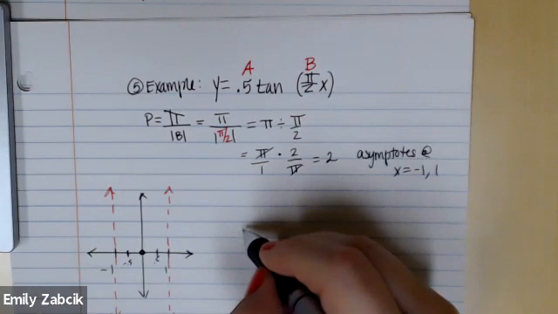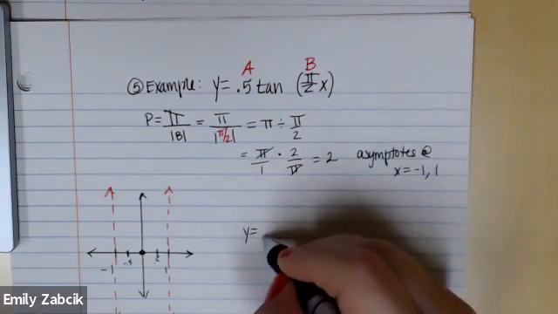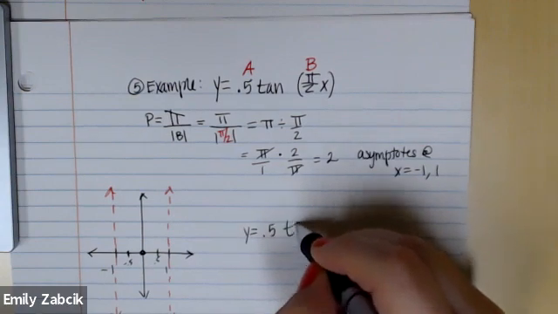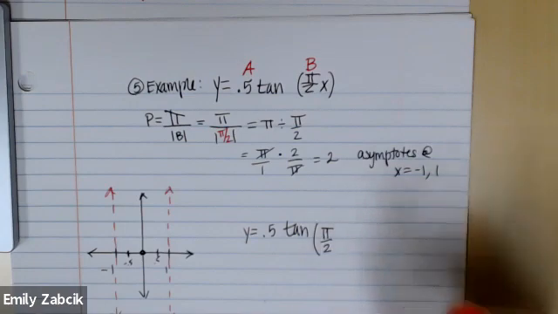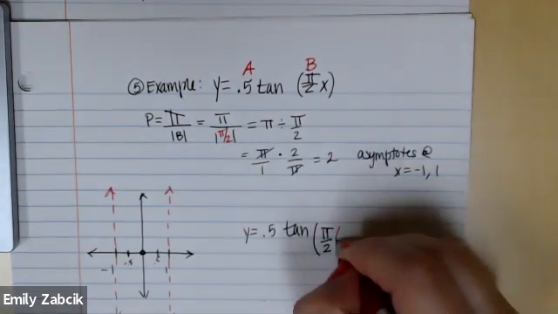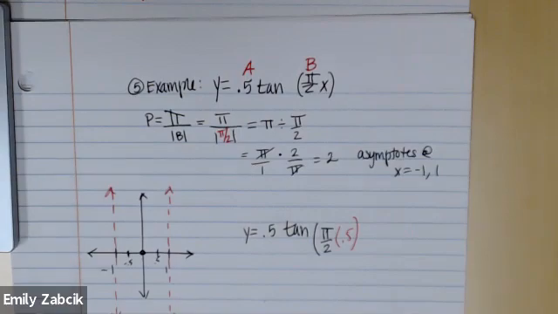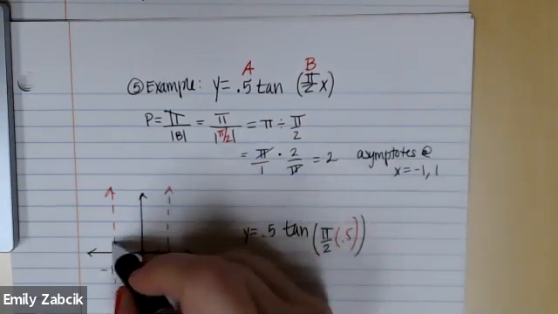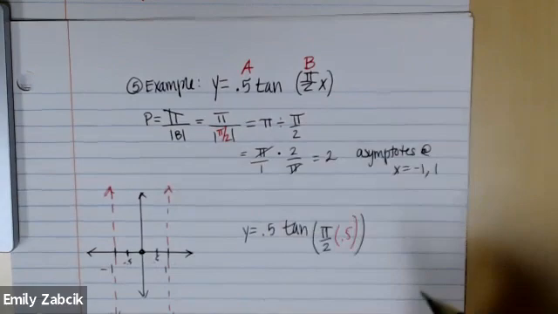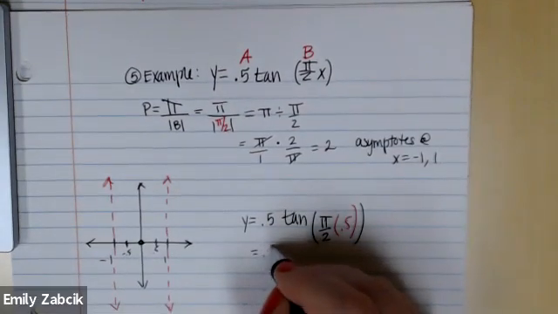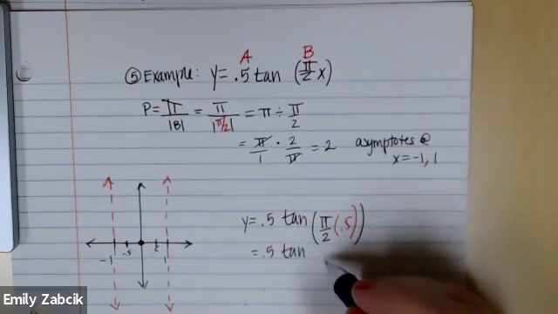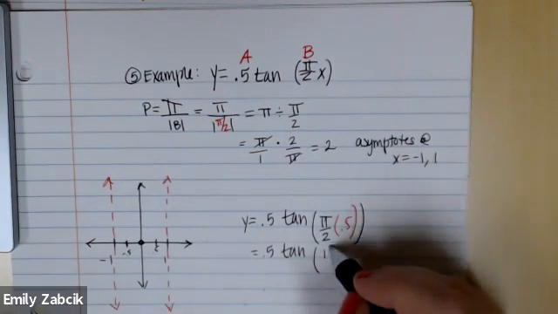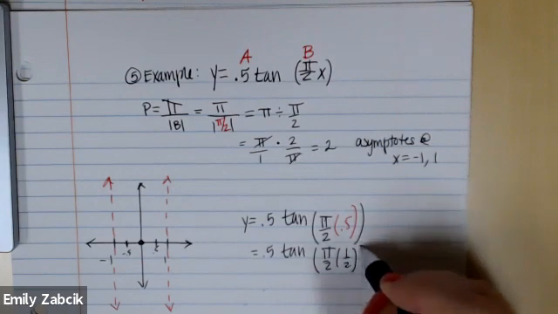So if I say y equals 0.5 tangent of pi x over 2, and let's pick our x to be 0.5, just to see what's happening halfway, and then we'll know what's happening down here as well. So this gives me 0.5 of tangent of pi over 2 times a half.